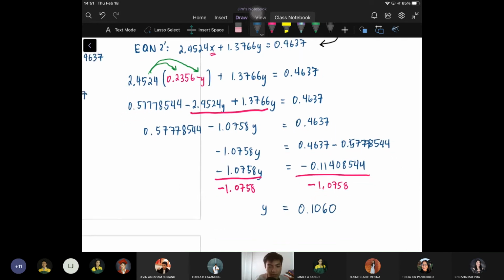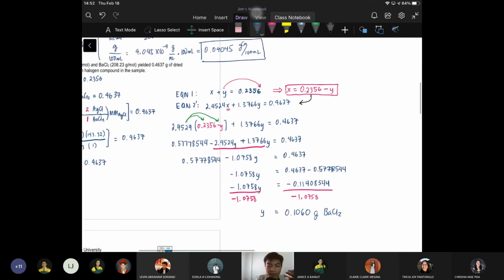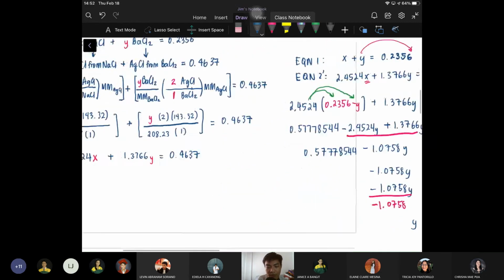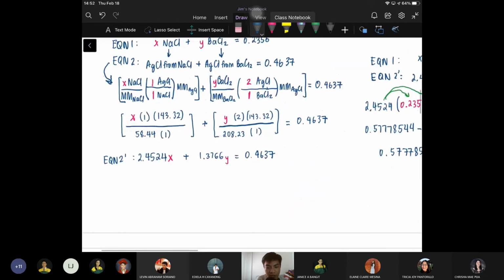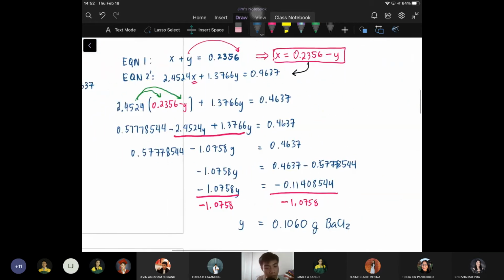Ano yung y? Di ba ito na yung grams of barium chloride? So, nakuha na natin yung mass ng barium chloride by just using algebra. Okay? So, it is possible no, to solve for the mass of barium chloride dahil sa ginawa nating mathematical relationships. Okay? So, we were able to solve for the value of y. That is 0.1060 grams. No?